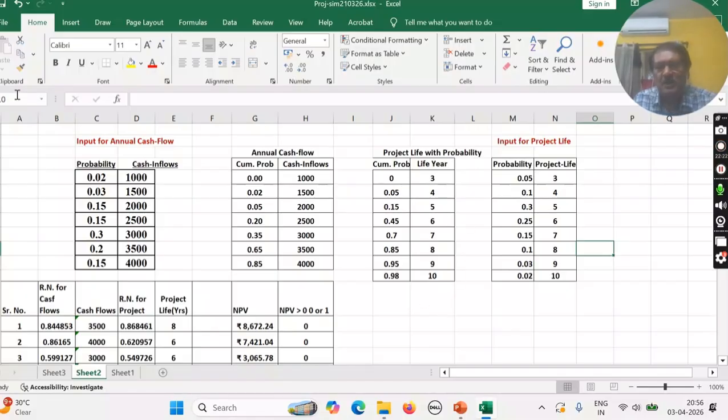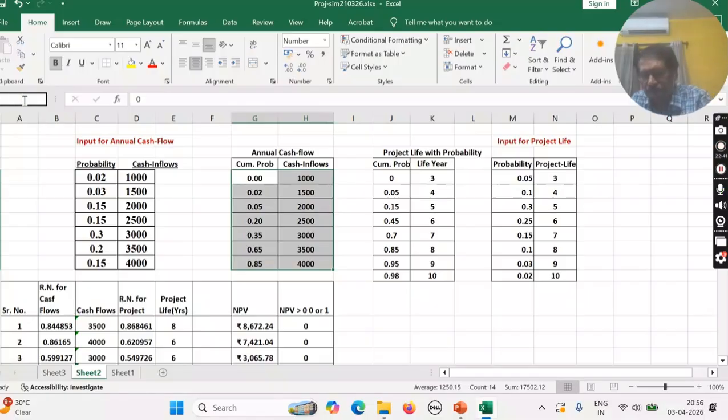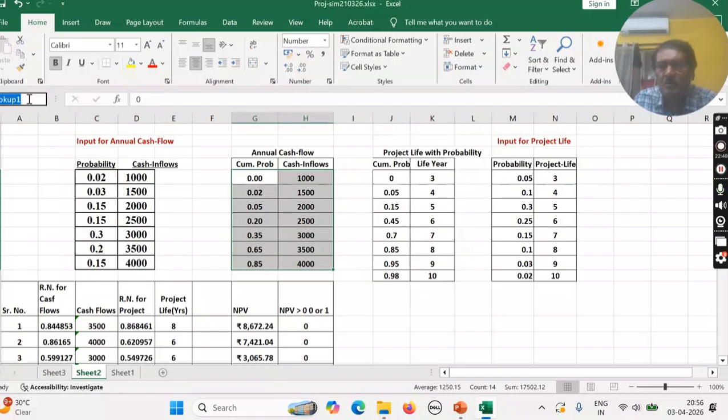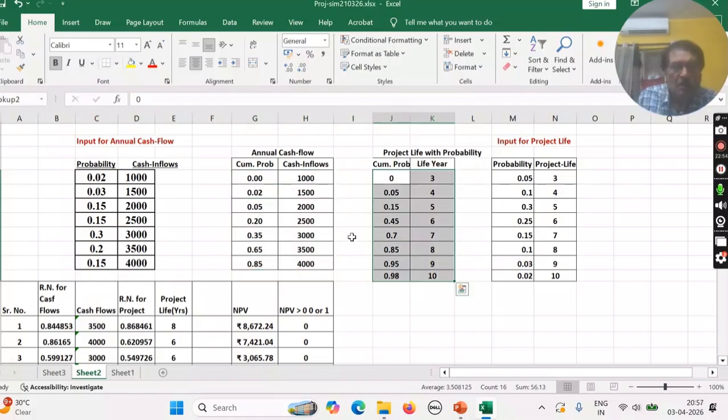And two range variables we have noted here, that is lookup 1 and lookup 2.